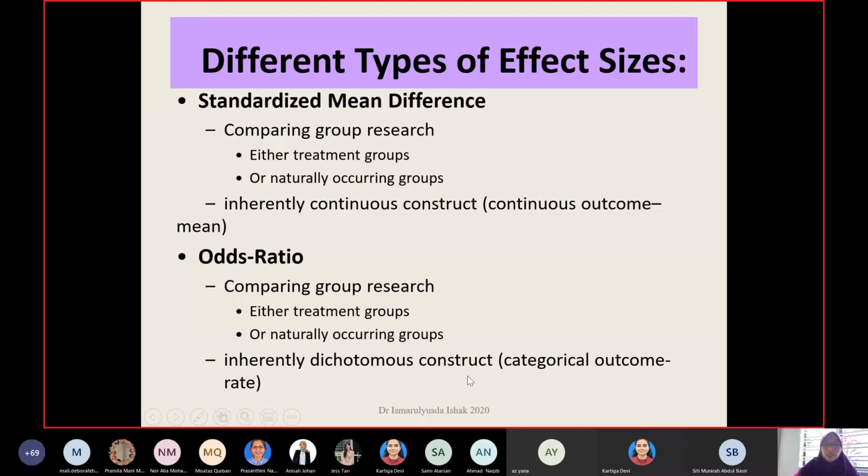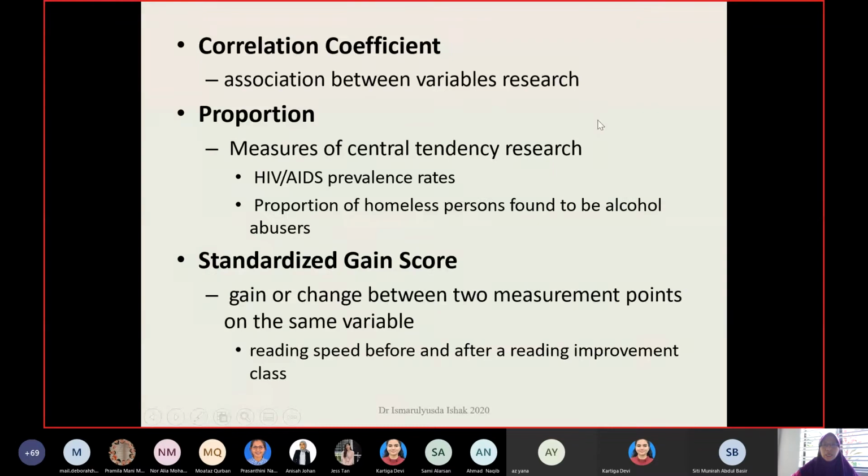Another one, maybe in your proposal, you have 5 specific objectives. Maybe number 1 is usually your descriptive statistic, to measure the level of hemoglobin.